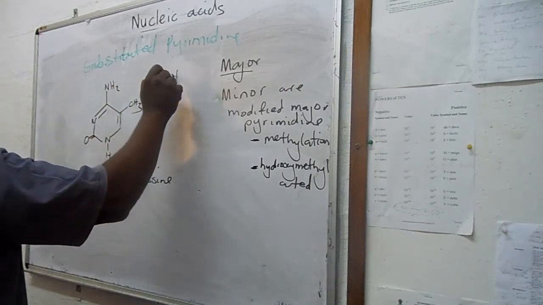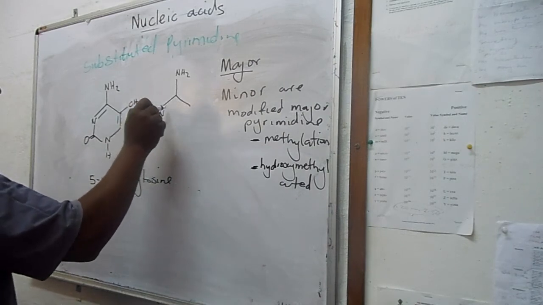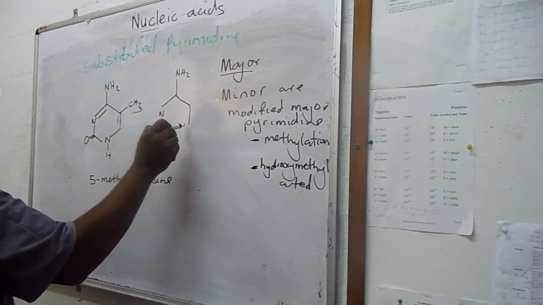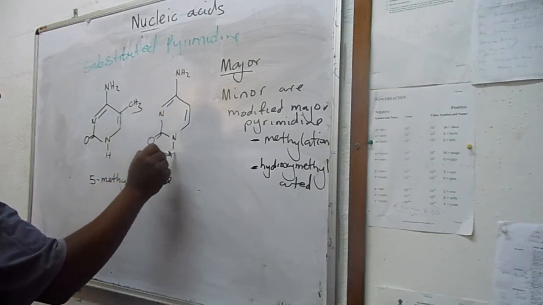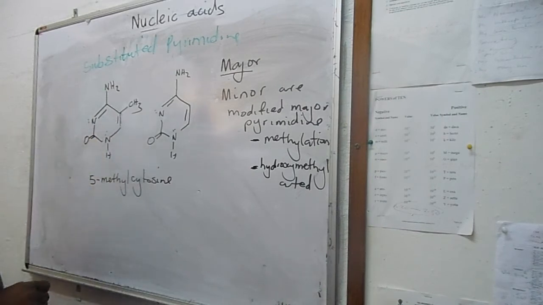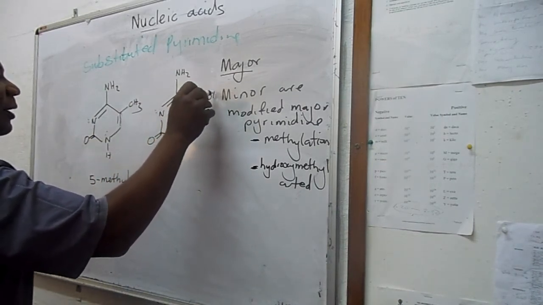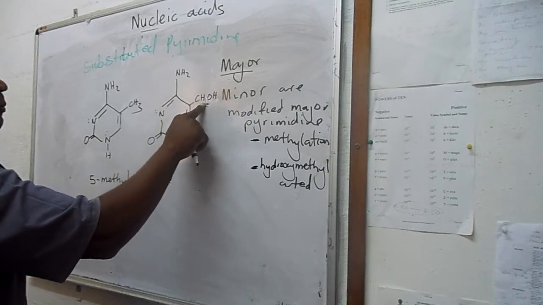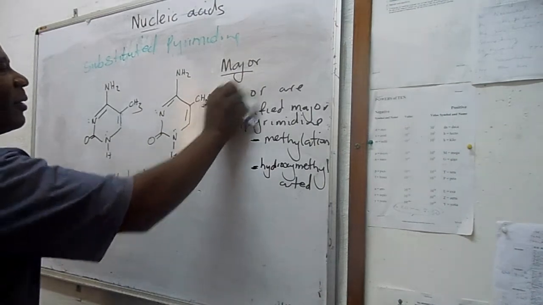If we methylate and hydroxylate, for instance, never forget the lone pair. So we methylate and hydroxylate. So this must be methylene carbon.